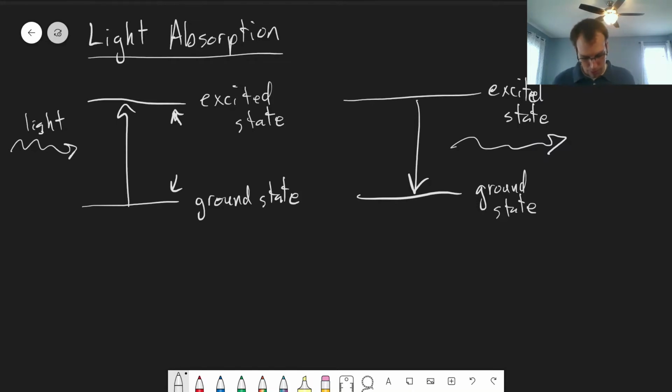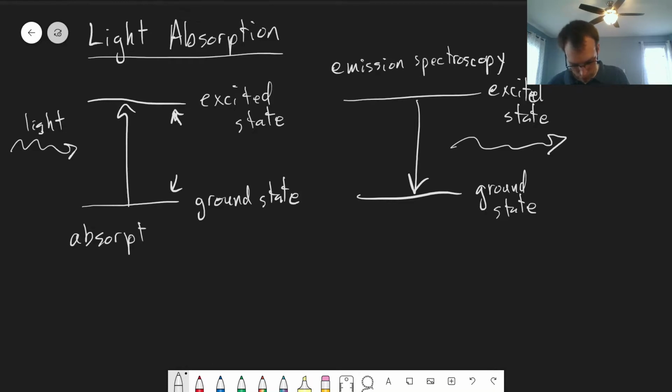So this would be called emission spectroscopy. Whereas what we're first considering here is what's known as absorption spectroscopy. So in absorption spectroscopy, if we shine light on a sample, we're looking for some of that light disappearing, right, being absorbed into the molecule.